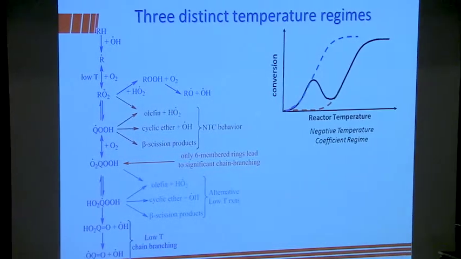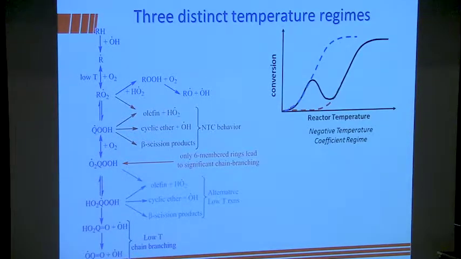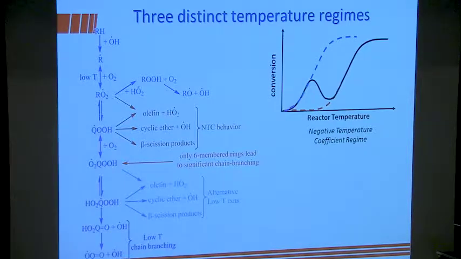However, if these species generate a cyclic ether plus OH, or beta scission products, or the RO2 gives an olefin plus HO2, then you get this negative temperature coefficient behavior. Why? Because if we look at it here, I've put a radical site on the radicals. There should be beta scission products, which involve one radical.